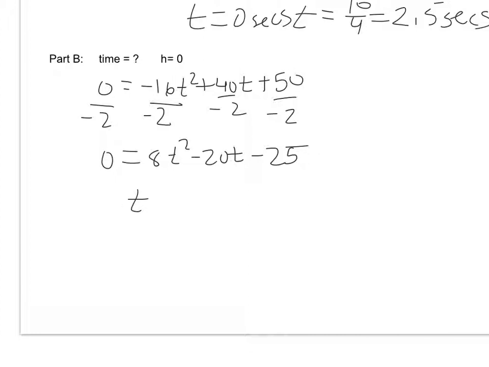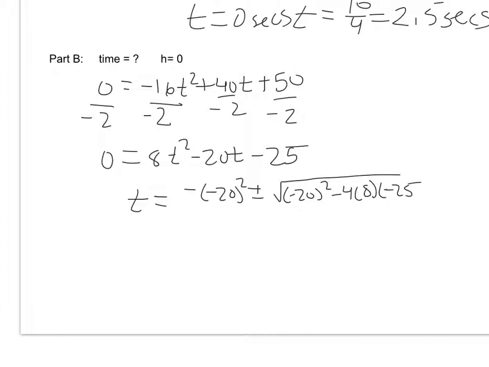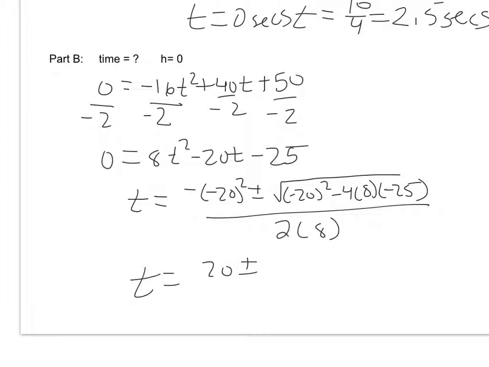And then I would just say t equals negative b plus or minus the square root of b squared minus 4 times a times c all over 2 times a. So t equals 20 plus or minus the square root of 1200 over 16.